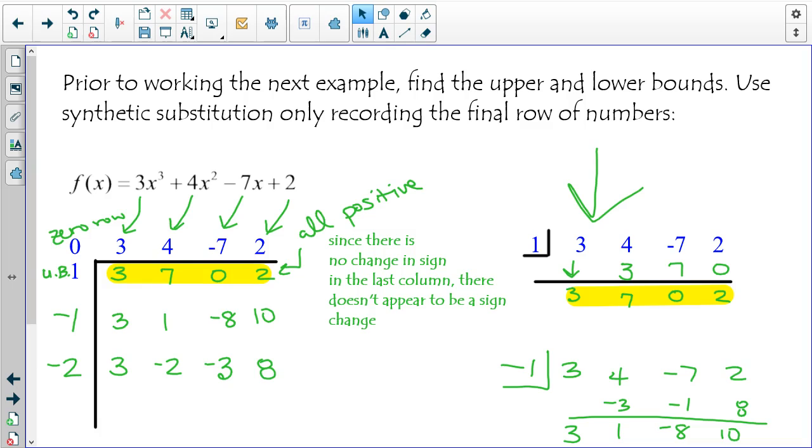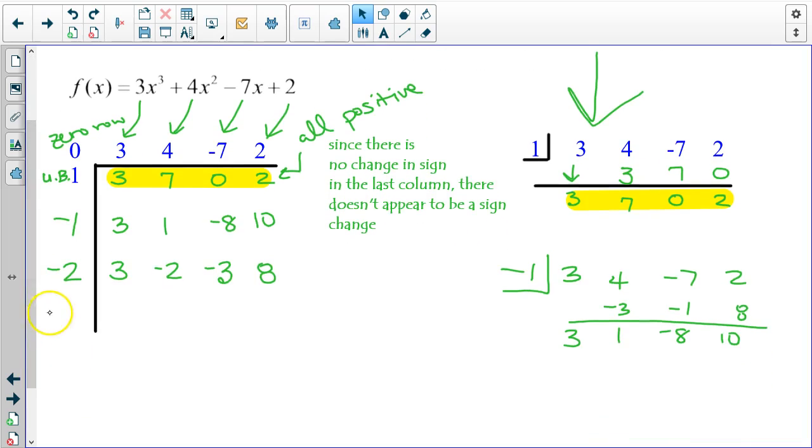Is that what y'all got? Check my math for me, please. So negative 2 didn't work. We got 3, negative 2, negative 3, 8. Right? I do the math by just adding and stuff, so you're not seeing all of this, but that's literally what I'm doing, okay? So what am I going to try now? Negative 3.